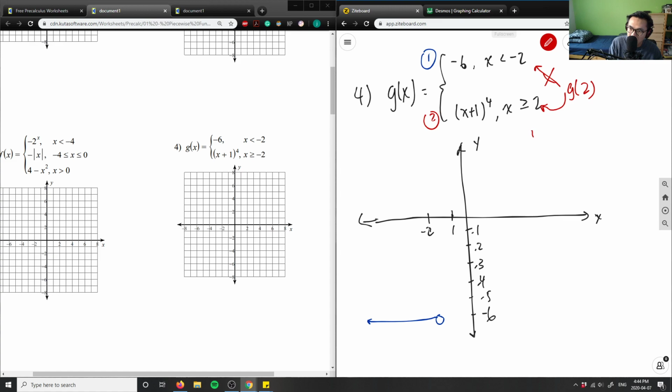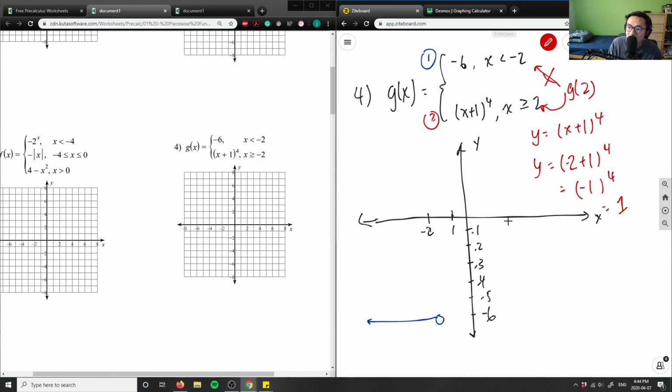So if I said y equals (x plus 1) to the power of 4, and I set x to -2, I will get -2 plus 1, which is -1, to the power of 4, which would equal simply 1, right? -1 to the power of 4 is 1.